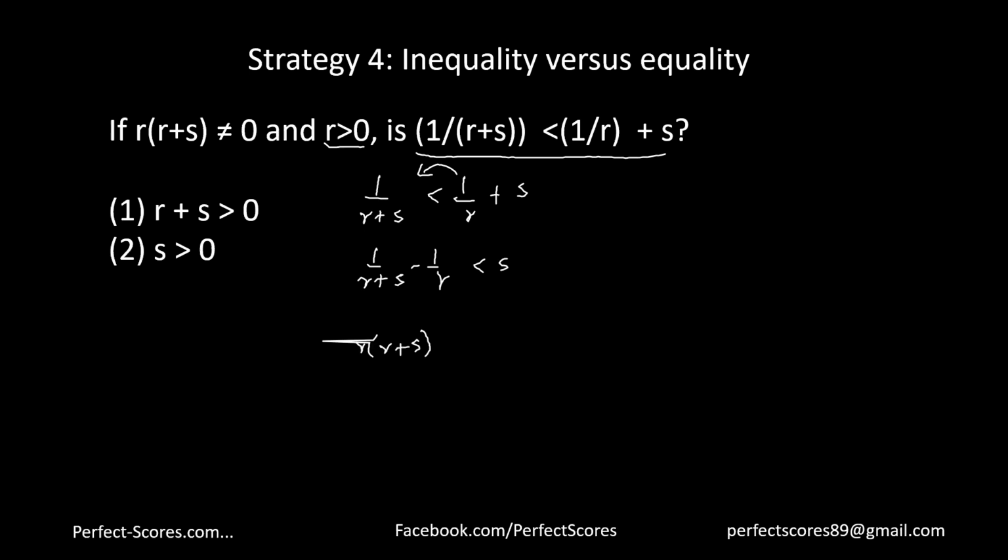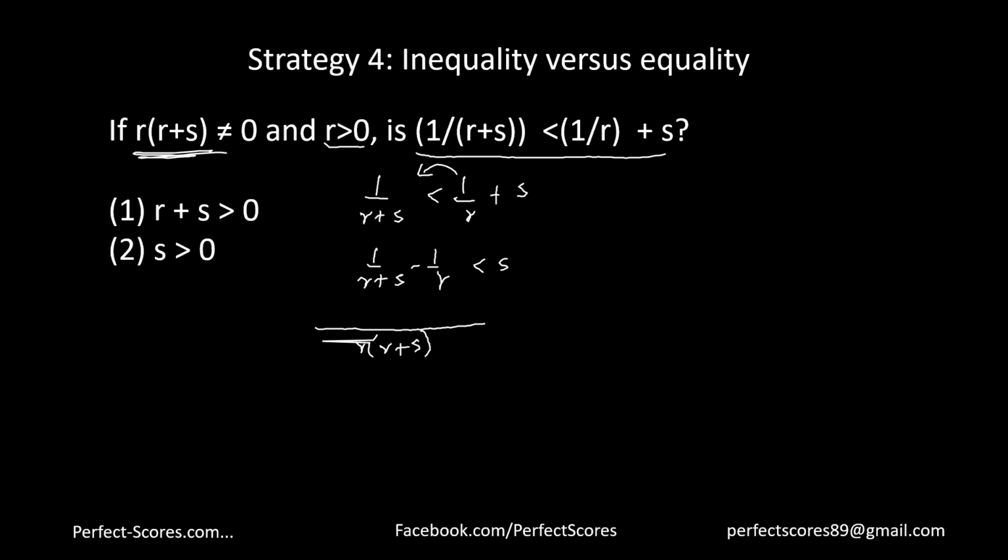And this actually gave me the hint. I need to do R into R plus S because it meant that R into R plus S is not equal to 0. That means it wants me to do that. Again, as I talked about in last week's class, GMAT questions will keep on giving you hints what to do.